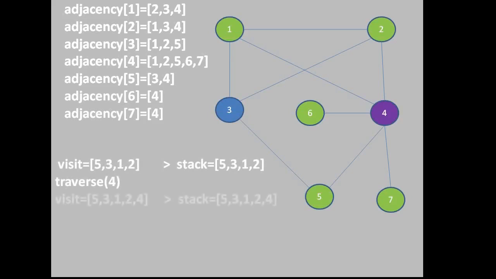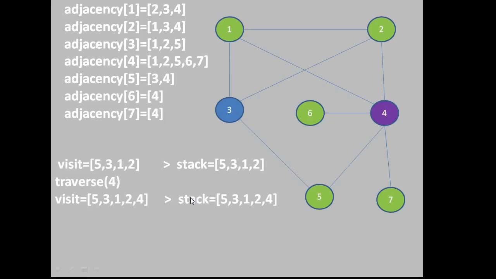Now we push 4 into visit and in stack. Then we go to the first element which is already visited, then the second element which is already visited, the third element which is already visited, so we go to the fourth element, that is 6, which is not in the visit.